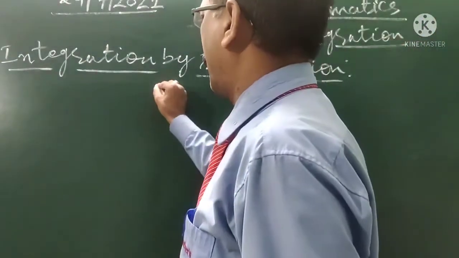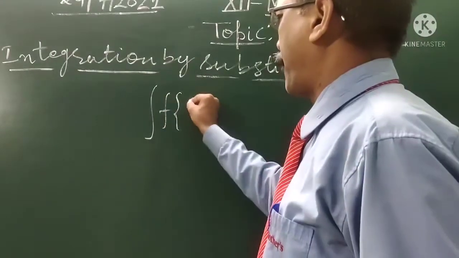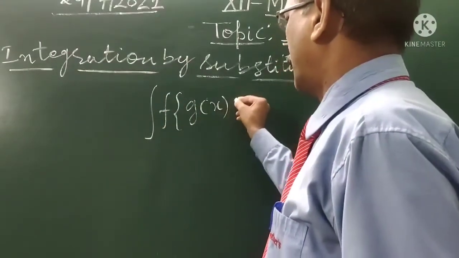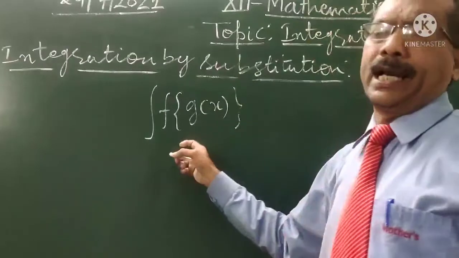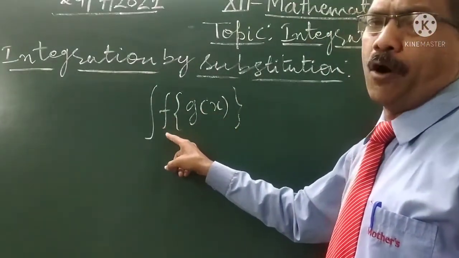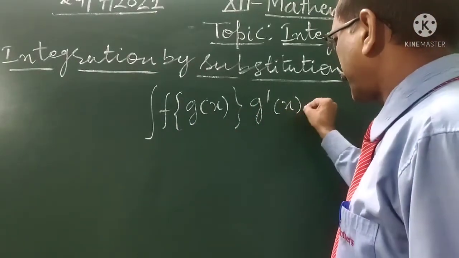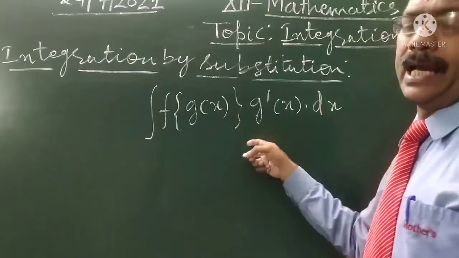Dear student, let there be a composite function f of g(x). We have to integrate this composite function. Here it is f of g(x), and the derivative of g(x) is given as a multiple of dx.